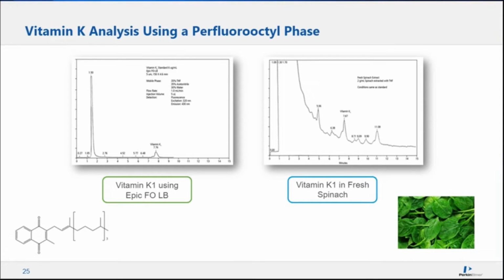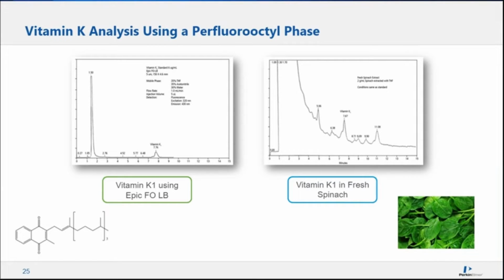And we could see that we're looking at vitamin K. We have the standard vitamin K on the left, and then we actually are able to determine vitamin K in fresh spinach. This chromatogram was developed just by grinding up spinach, extracting it with an organic solvent, and then injecting that organic solvent directly into the chromatograph.